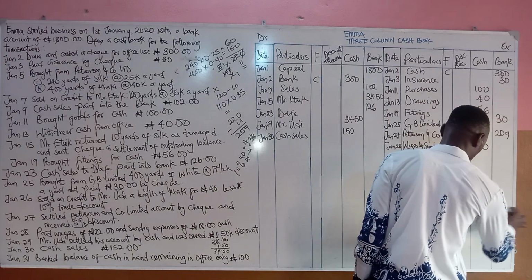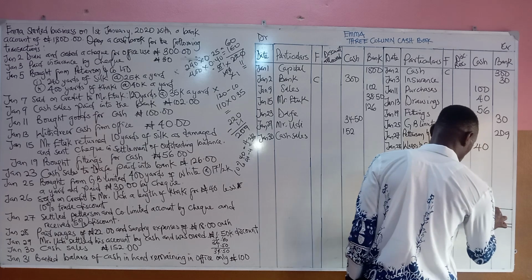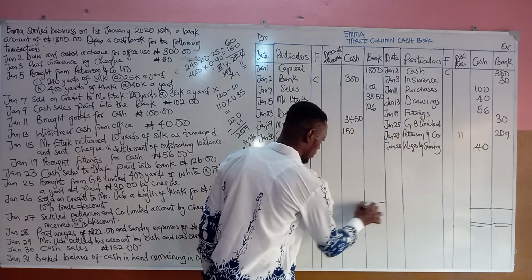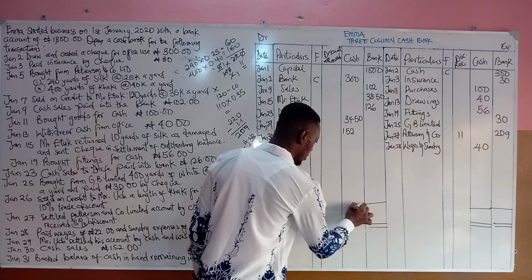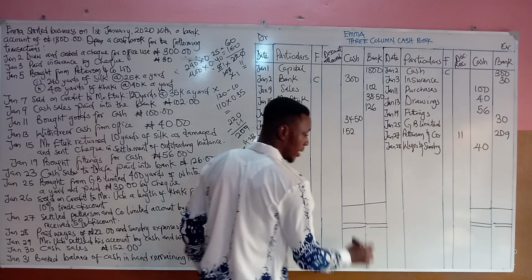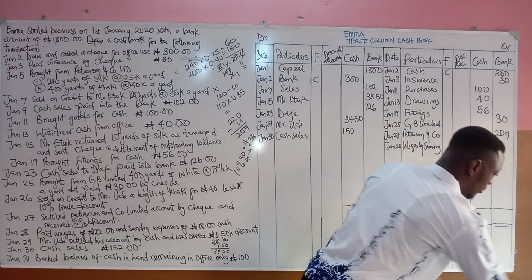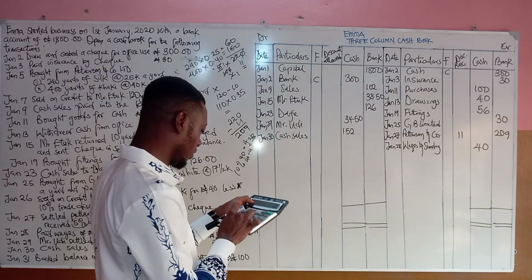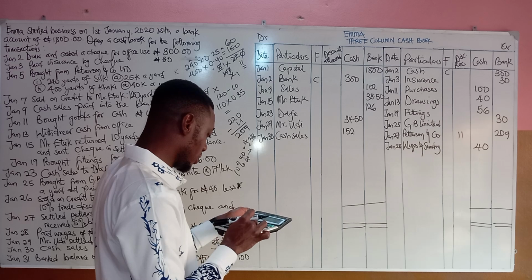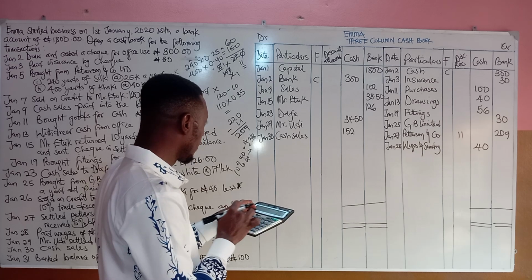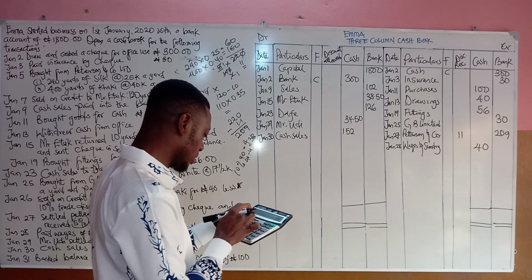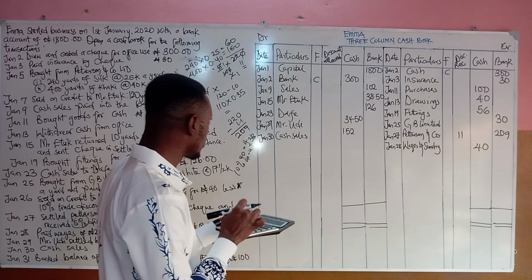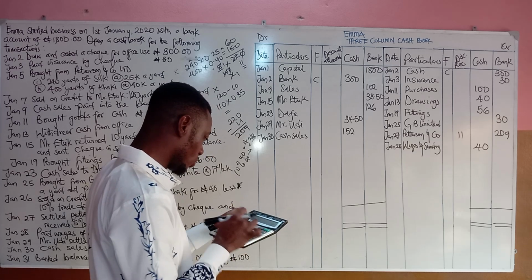Now let's close first. I want to do something here, because this will affect our balance. Alright, now I have 300 plus 34.50 plus 152.